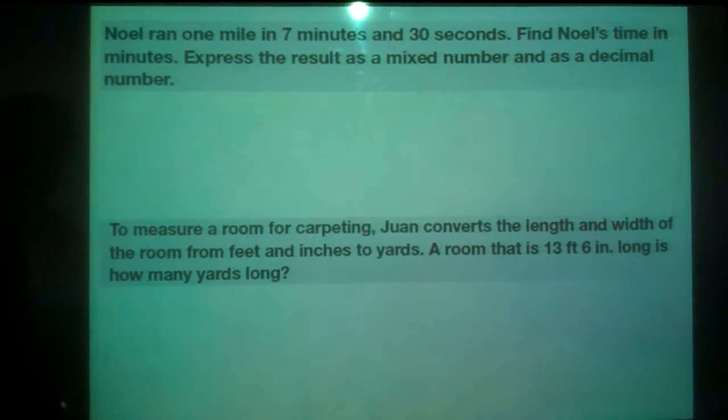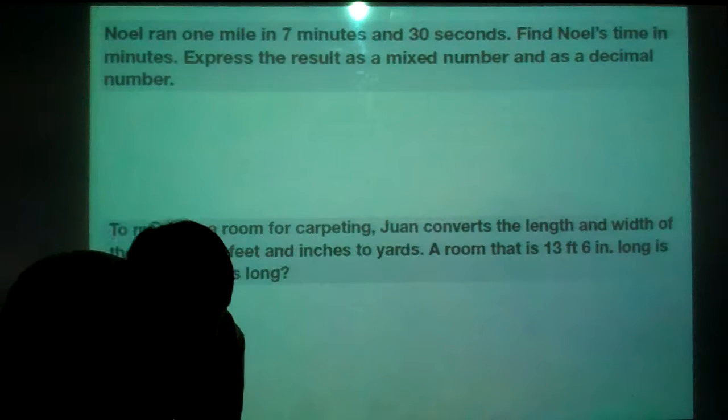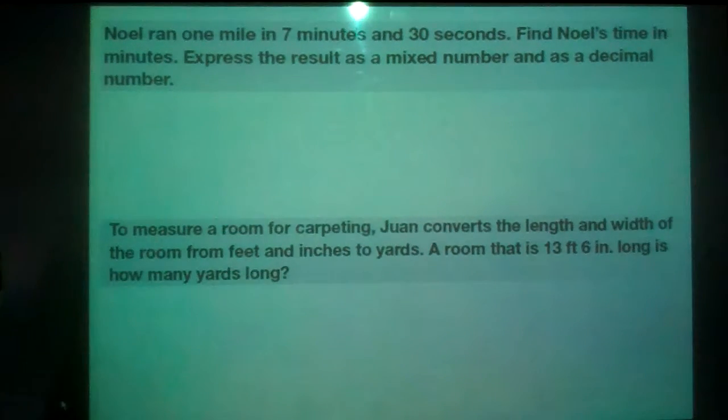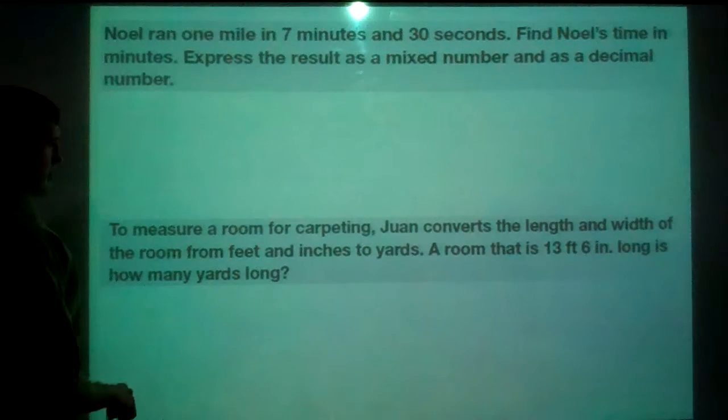First we need to get it into feet probably, I would say. So let's try that, or maybe we get it into inches. Maybe that would be a little better. Let's see which way they went. Okay, they went to feet first, that's fine.